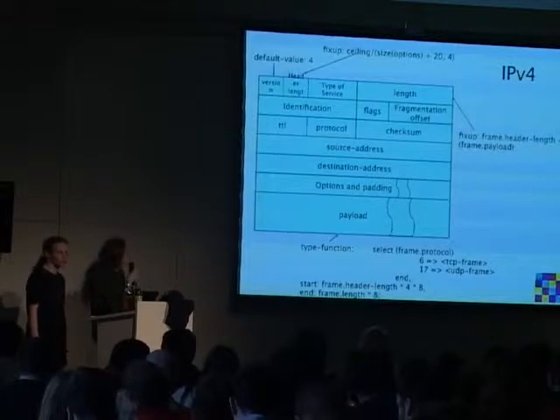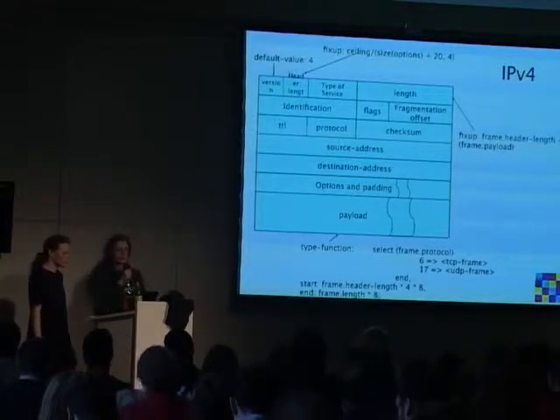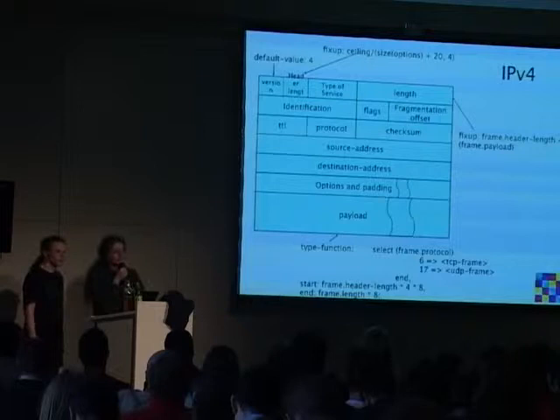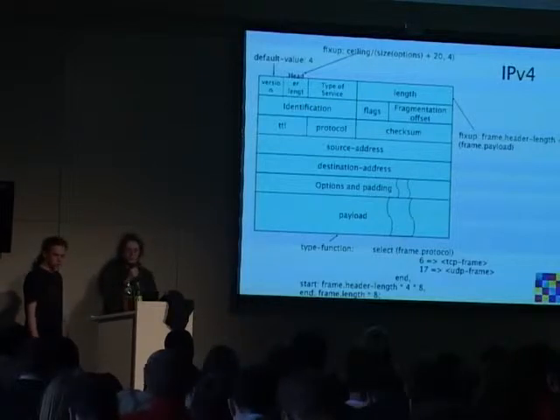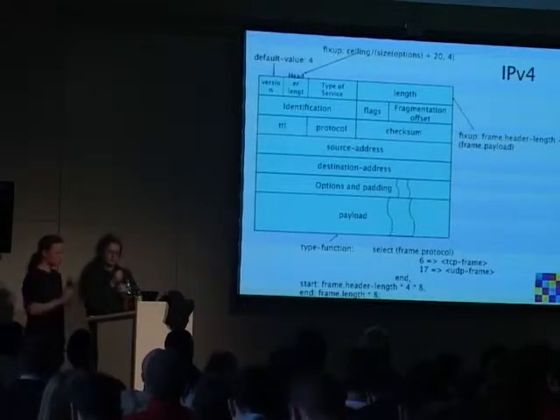That's where the fixer functions come into play. They are called to compute the value of a field. So if you create a packet, you don't have to calculate your header length yourself. It just gets automatically calculated for you when you call the assembly function.